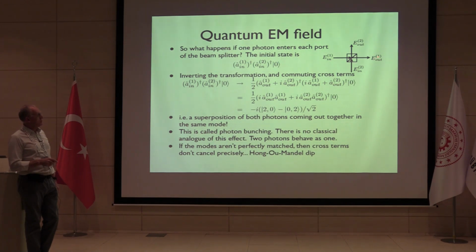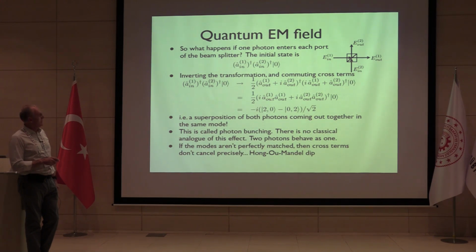Each output mode is a superposition of these two, right? Because this mode can have part of here and part of there, and that one could be this and that, a superposition of two as well. Then you can calculate the total state. You just multiply them all, and you discover that because of the particular matrix of the beam splitter, the cross terms will be gone.